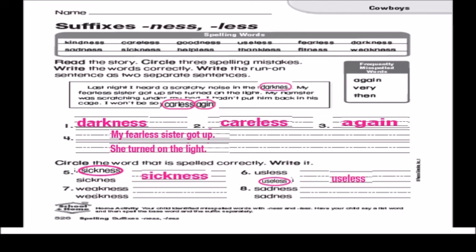We have two words, weak, one means without any power, and the other one means days of the week. So weakness is W-E-A-K. The second one is not correct. Sadness, the suffix ness means only one S or double S? Yes, double S, so it's sadness.